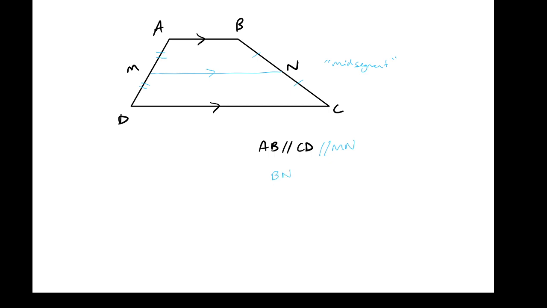Moreover, BN is going to be congruent to NC, and AM is going to be congruent to MD. It's just what's done. Also, when we have a midsegment, it's going to be the average of the two bases. In other words, MN as the midsegment is going to be equal to 1/2 the sum of AB plus CD.